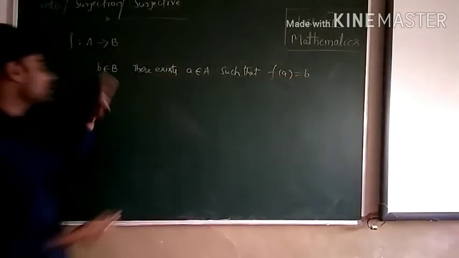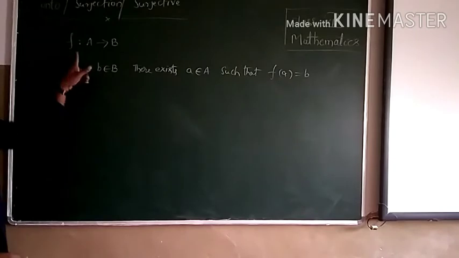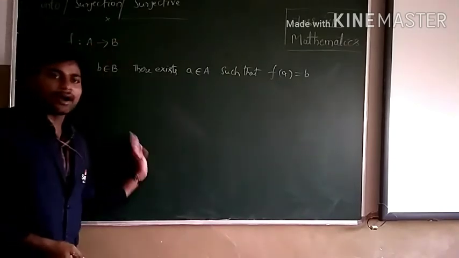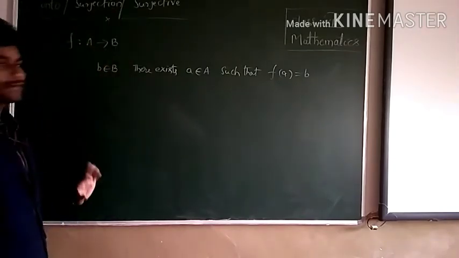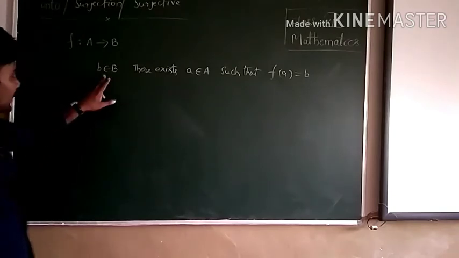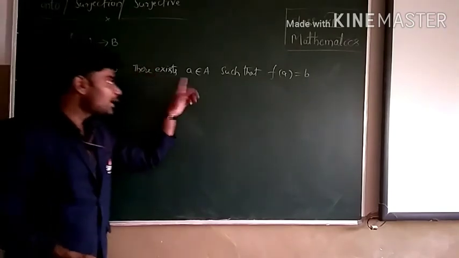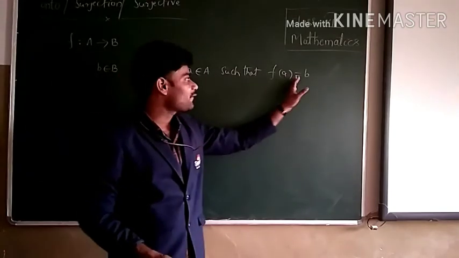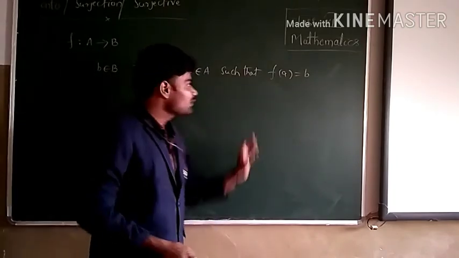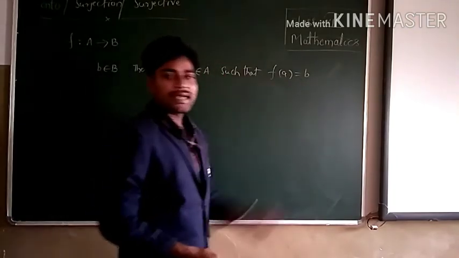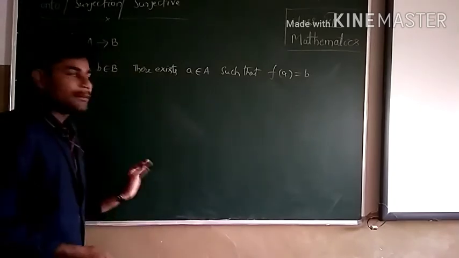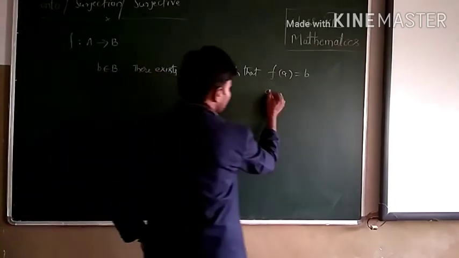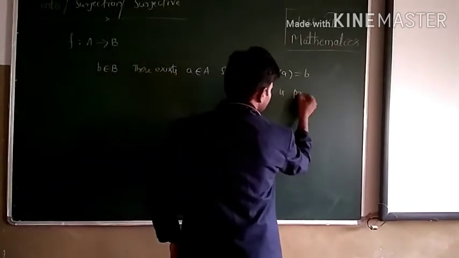Let me repeat the definition again. For each b belongs to B, there exists a belongs to A such that f(a) is equal to b. Here a is called the pre-image of b.